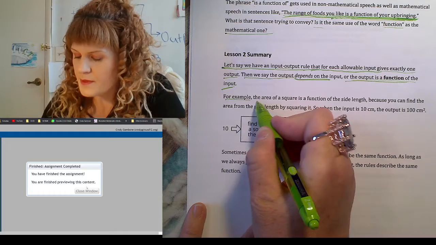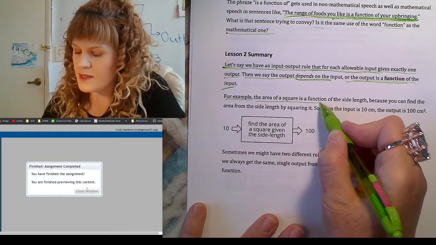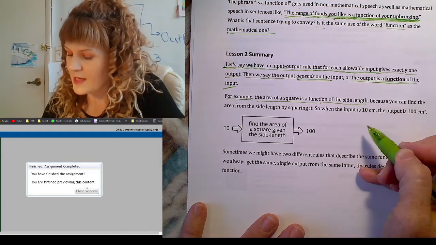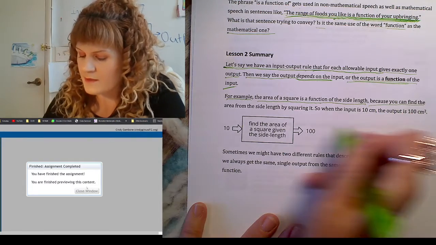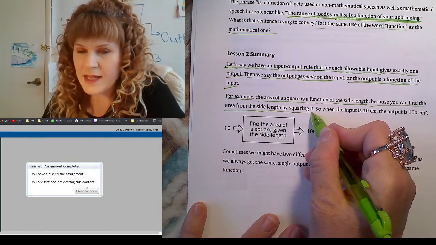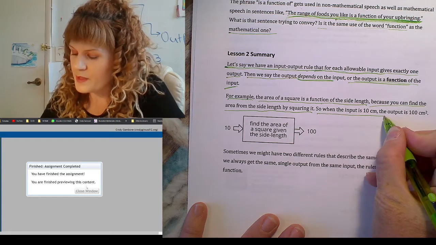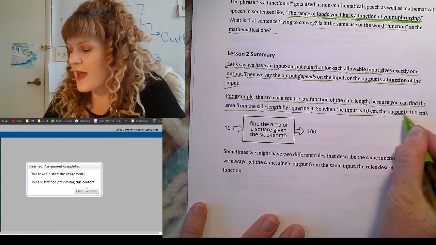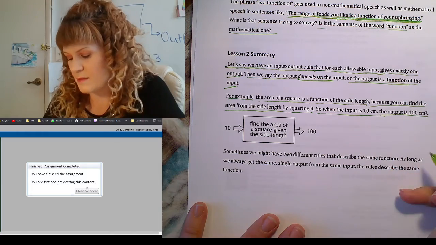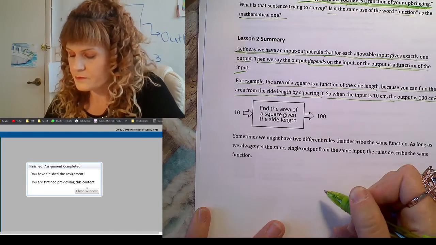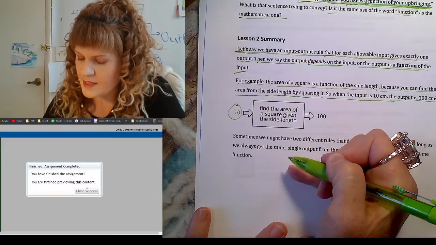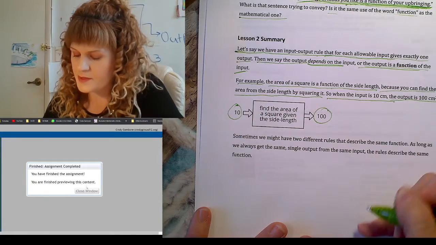For example, the area of a square is a function of the side length because you can find the area from the side length by squaring it. So when the input is 10 centimeters, the output is 100 square centimeters.